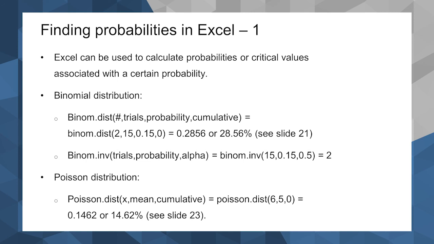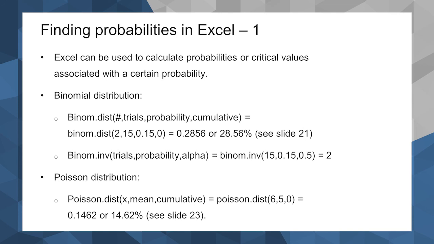So if you look at the example of 3 or 4 slides ago, we had 15 trials, which were the 15 customers coming into the store. Probability of success was 15%, and we calculated the probability of 2 customers buying something. And in this case, we put the number 0 because it wasn't cumulative. We were just calculating the probability of 2 customers buying something.